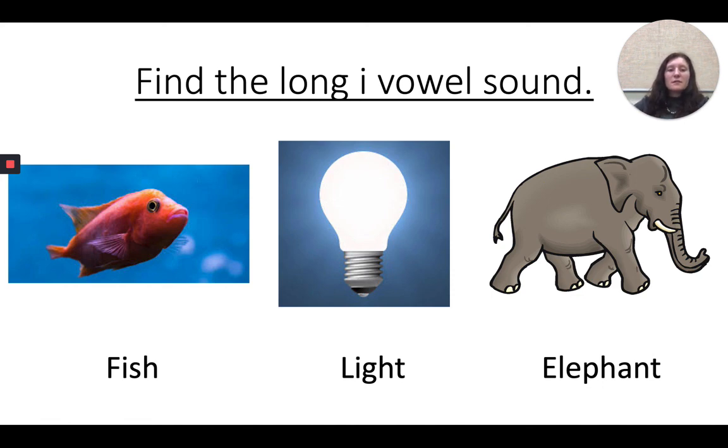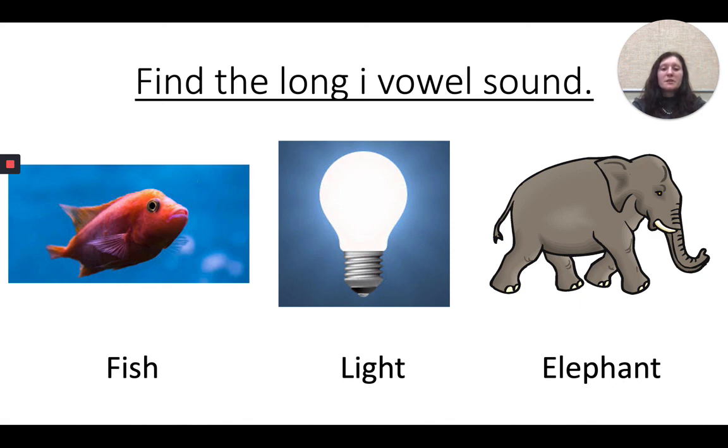So again, we can go through and look for any words that don't even have an I in the middle of the word. And we see that in the word elephant, we do not see an I anywhere in this, so we know it's safe to eliminate elephant. And we can bring it down to fish and to light.